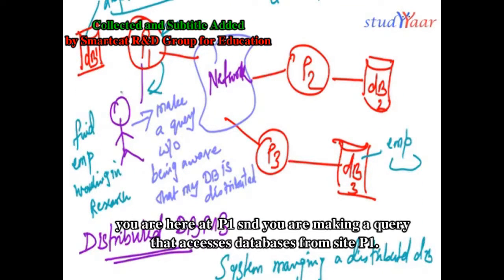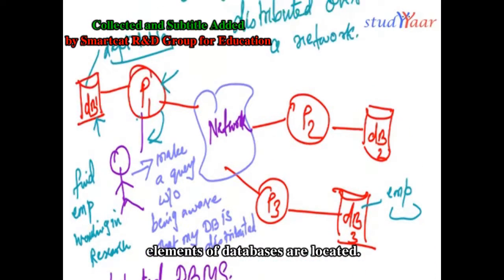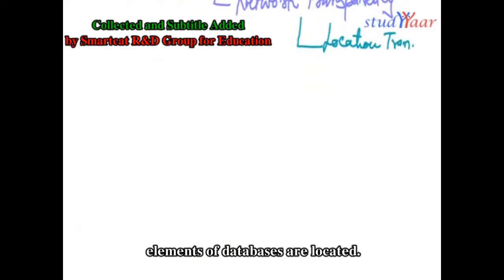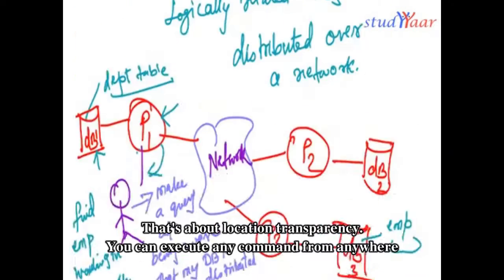You are here at P1 and you are making a query that accesses databases from site P1 and from site P3 also. So you do not care about where databases or elements of databases are located. That's about location transparency.